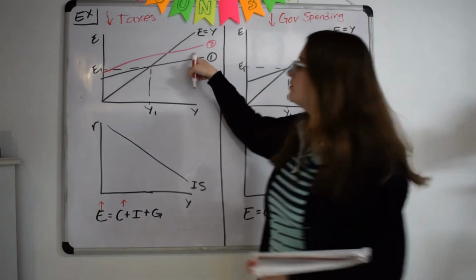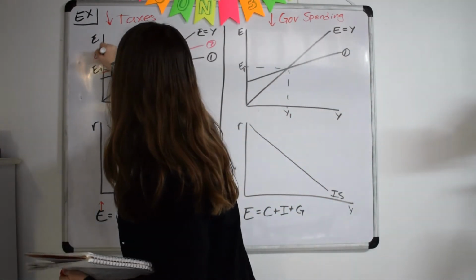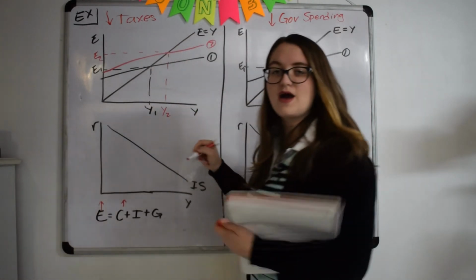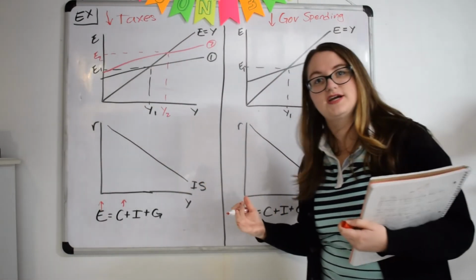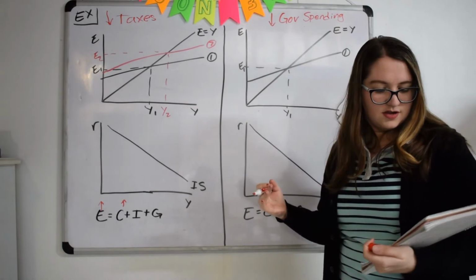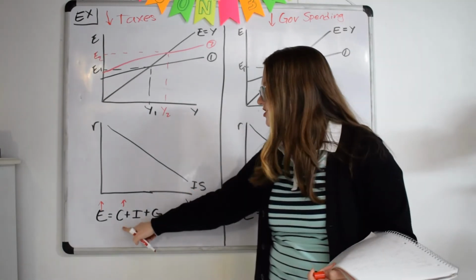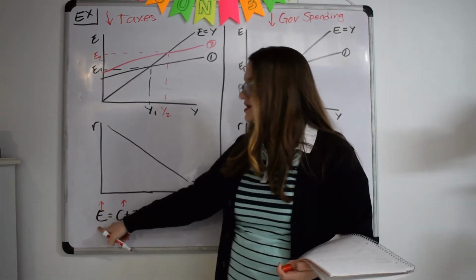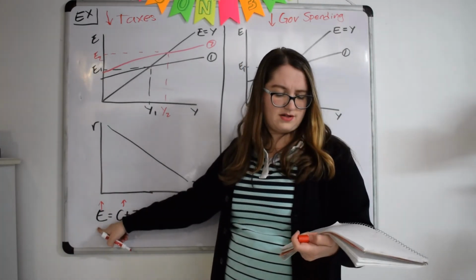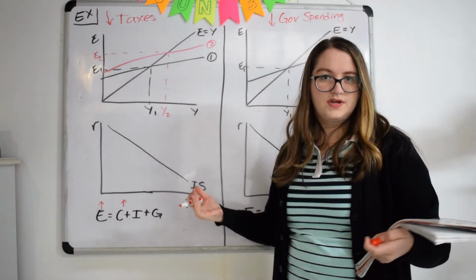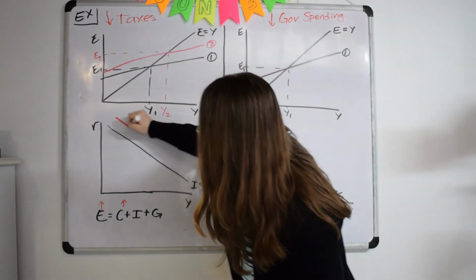Okay, so we see an increase in the expenditure, and we also see an increase in our output, or GDP/income. So when we see an increase in consumption that leads to an increase in our expenditure, what happens to the IS curve? It'll shift to the right.